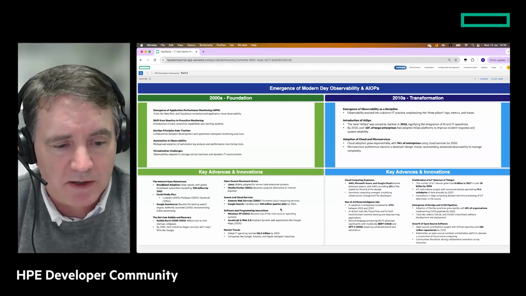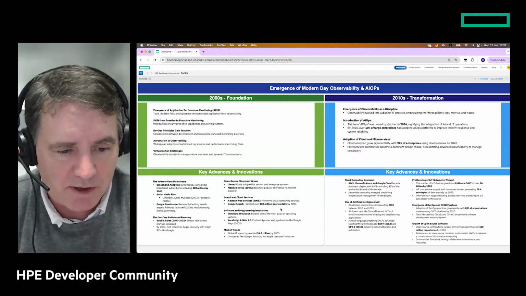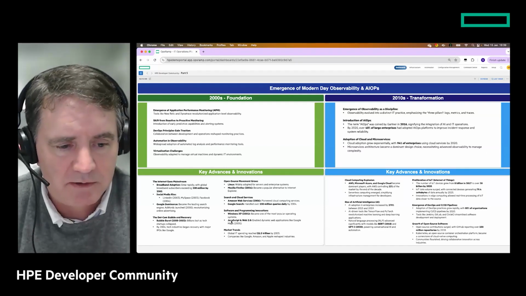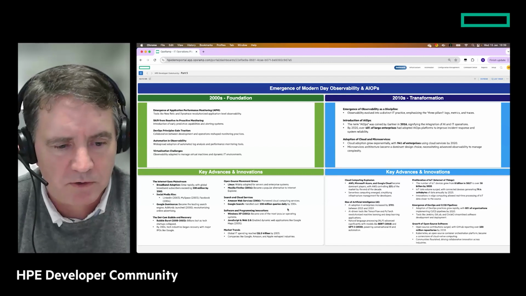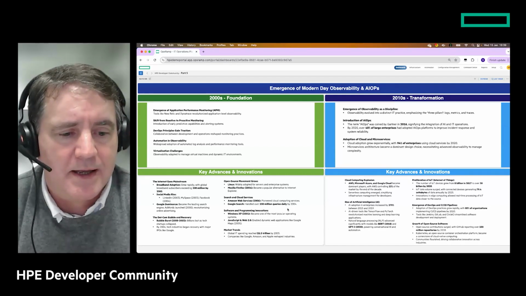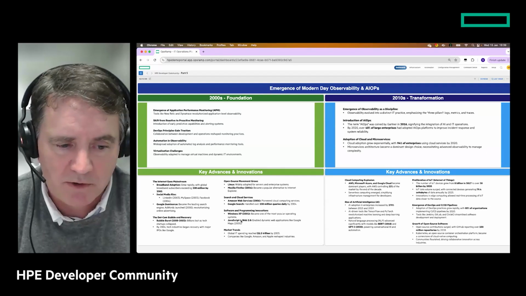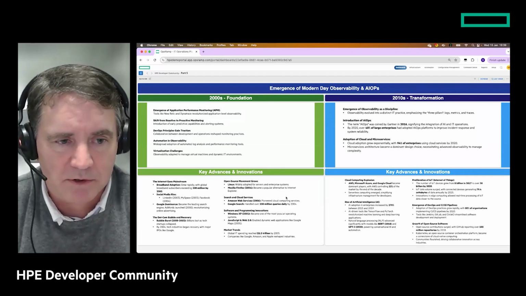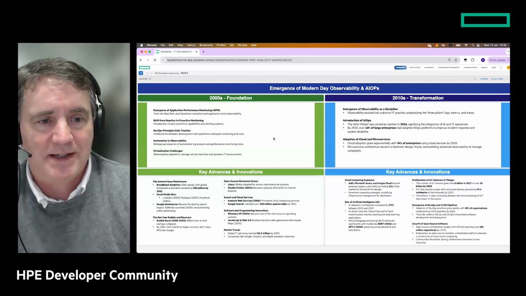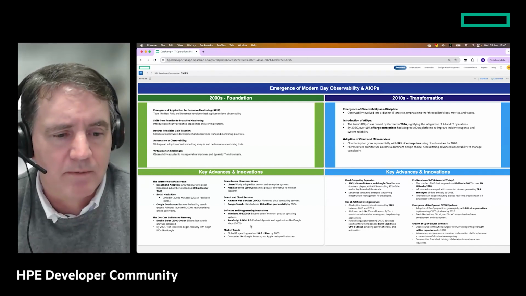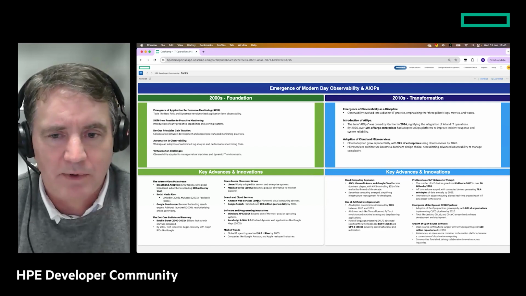So some of the advances in programming languages which are relevant today, particularly around JavaScript, Web 2.0. A lot of the automations that we use today are using JavaScript and those type of programming languages. But again, this is nearly 25 years ago. So this has been happening a long time.